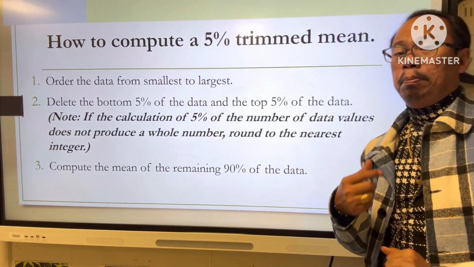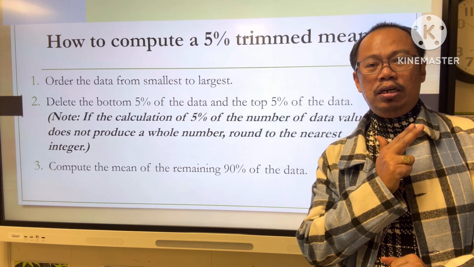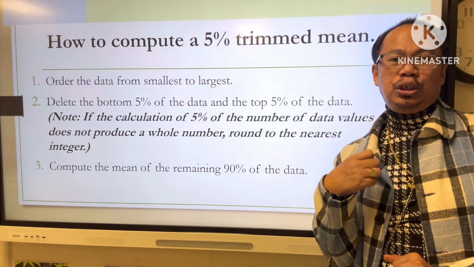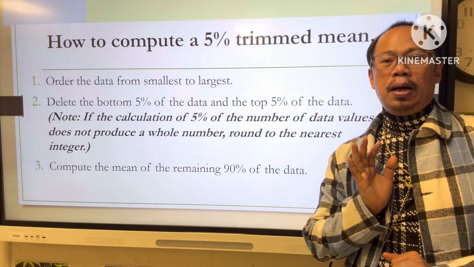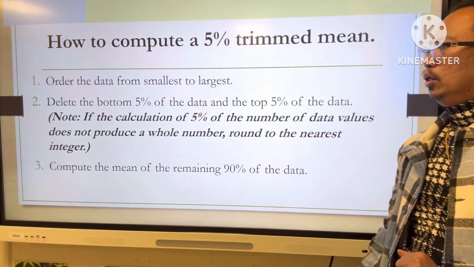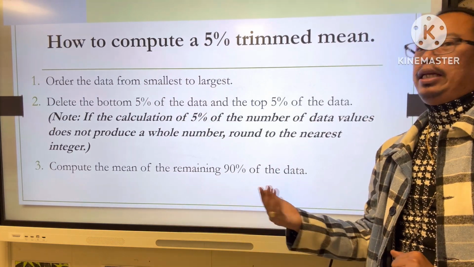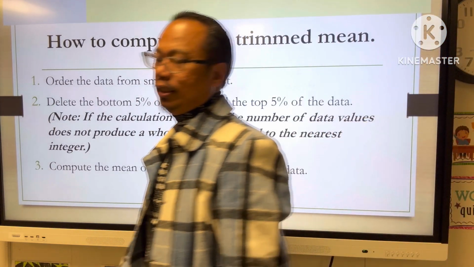I arrange my data from left to right, but you can arrange it from top to bottom. It's almost the same. I use left to right. Now let's have the sample.